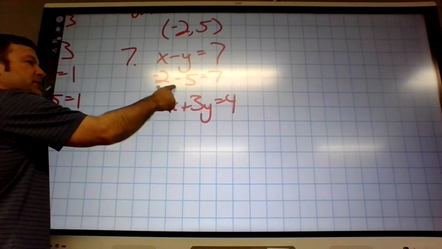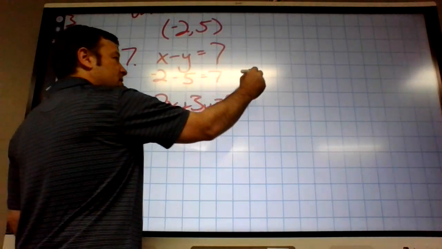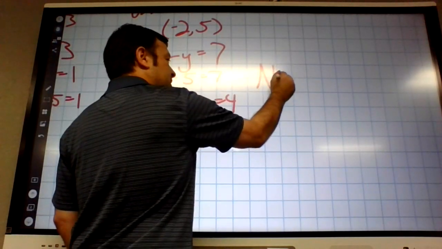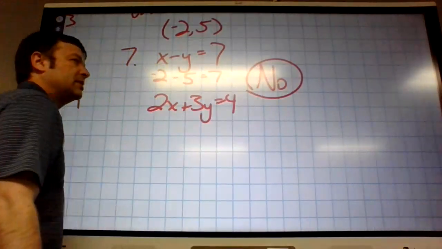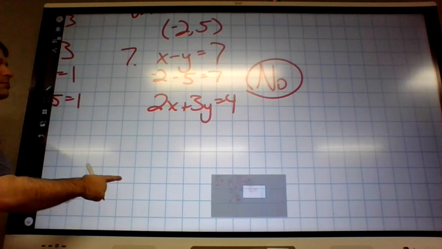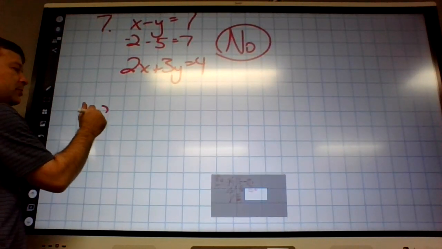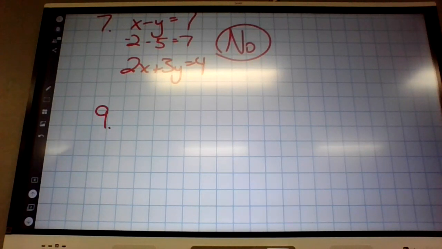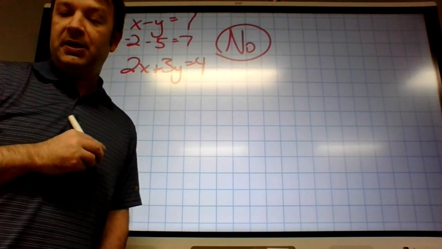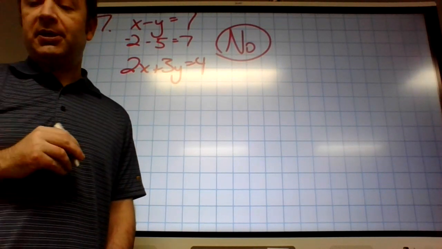No, that equals -7 actually. So if the first one fails, you don't really have to check the second one, because it's got to work in both. You're right. Number 9, this is actually kind of the same thing. They're just changing what you plug in each time.